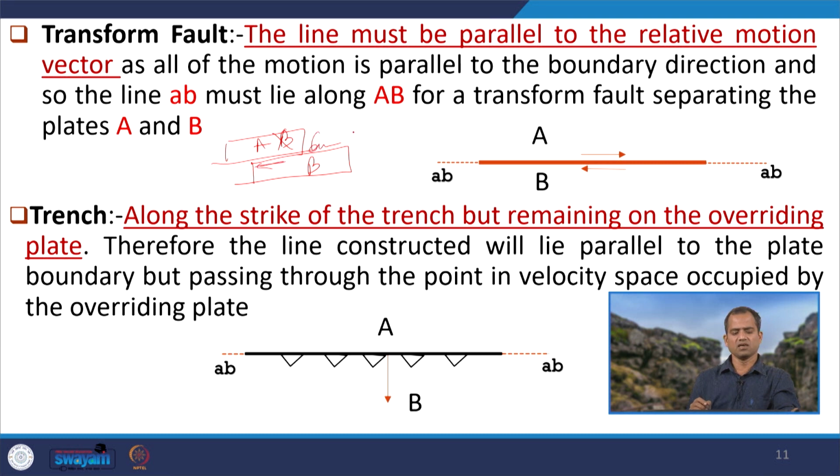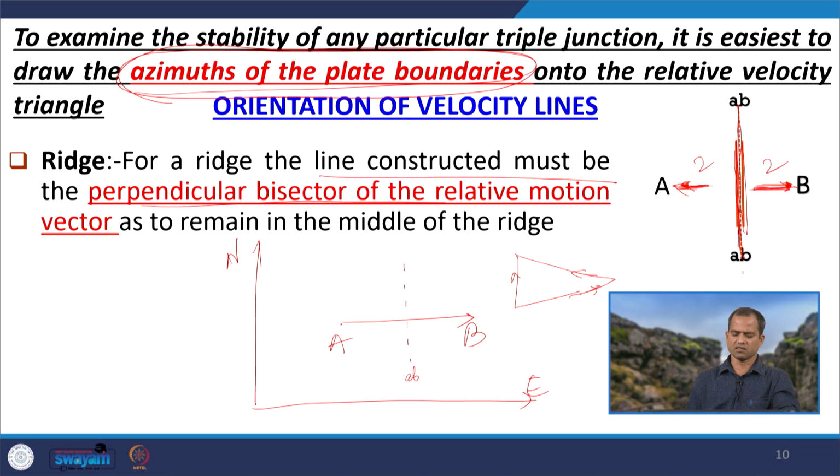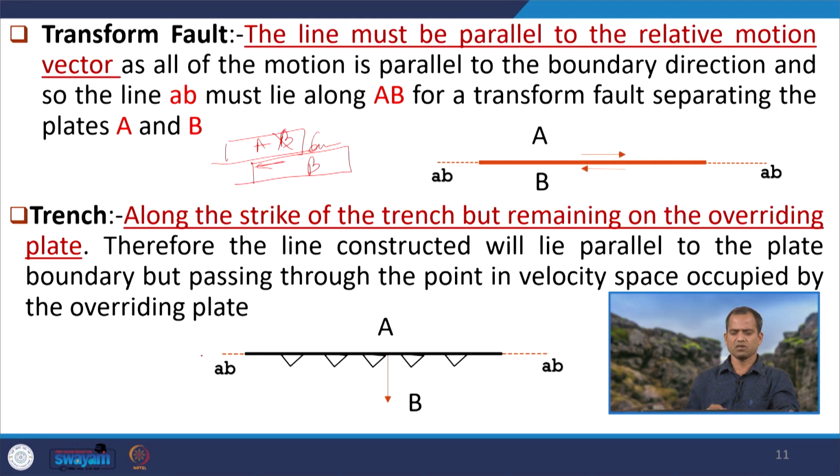So, in this diagram the relative velocity line should be like this, because the orientation is like this, and this AB will also be parallel to that. AB is parallel to that, because the orientation of this plate boundary is parallel to the relative velocity line, is it not?